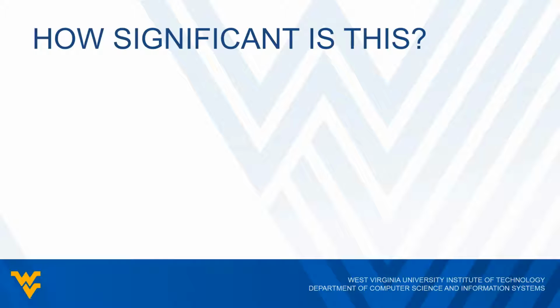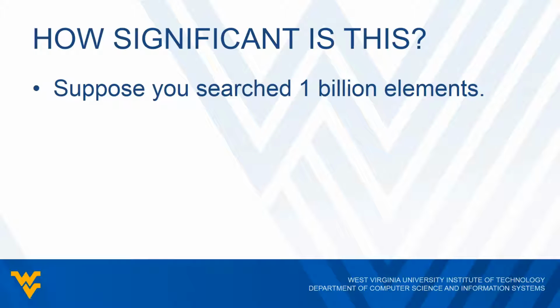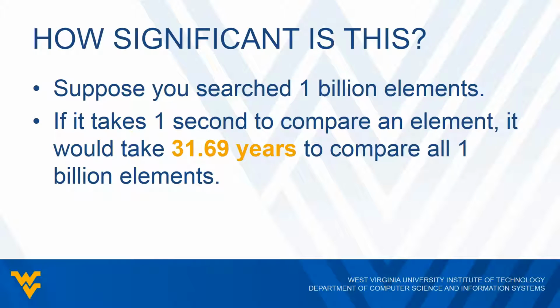Well, if not, let me put things in another perspective. Let's suppose you were to search 1 billion elements. Here we're comparing sequential search to binary search. And let's suppose it takes 1 second to compare an element. It would take 31.69 years to compare all 1 billion elements.